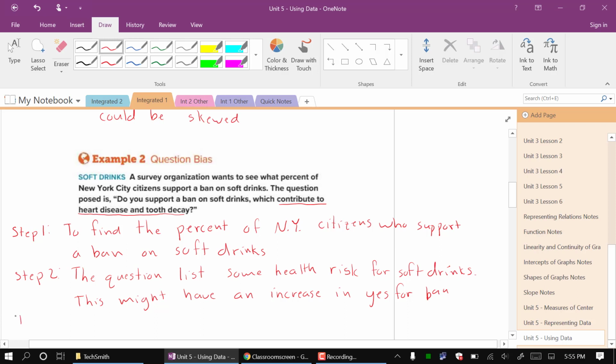So this bias serves the interests of health groups, because health groups want to ban it, and it's telling you what happens if you were to consume soft drinks. So this is serving their interests.